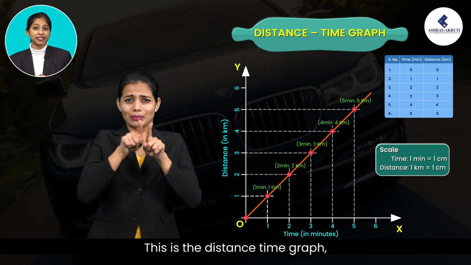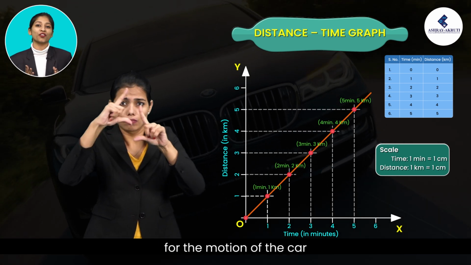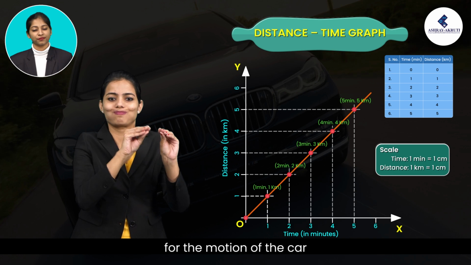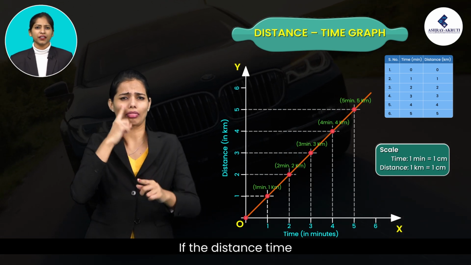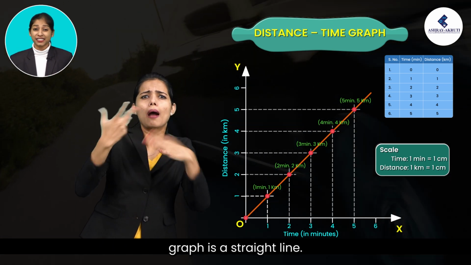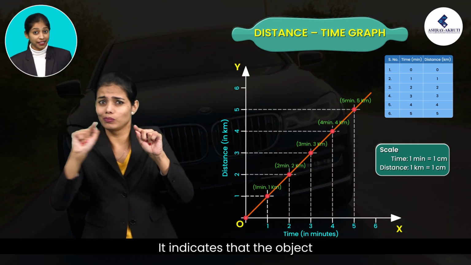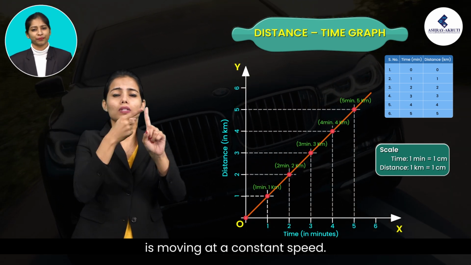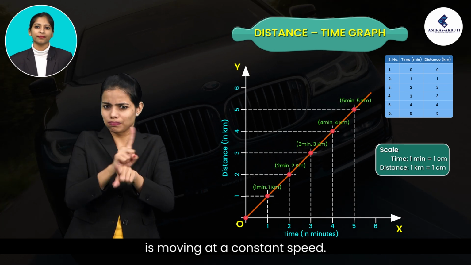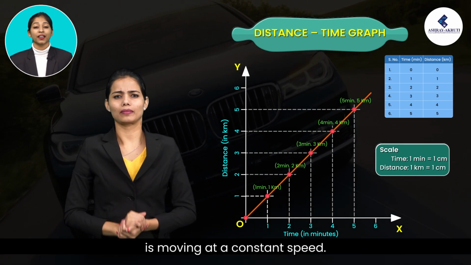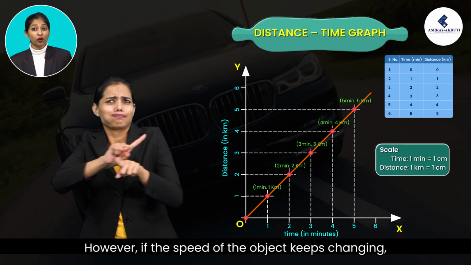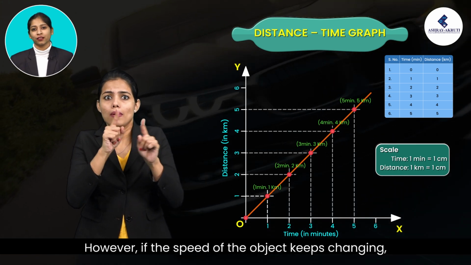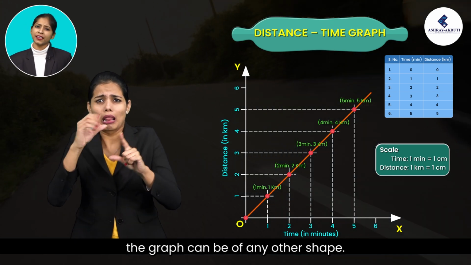This is the distance-time graph for the motion of the car. If the distance-time graph is a straight line, it indicates that the object is moving at a constant speed. However, if the speed of the object keeps changing, the graph can be of any other shape.